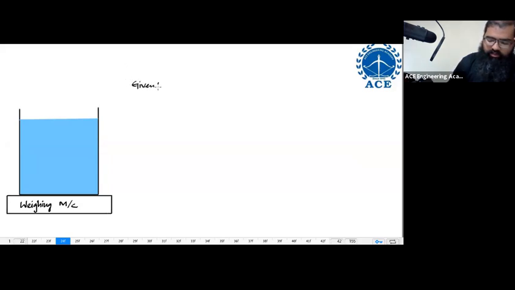It is given that the weight of fluid is equal to 500 newtons.